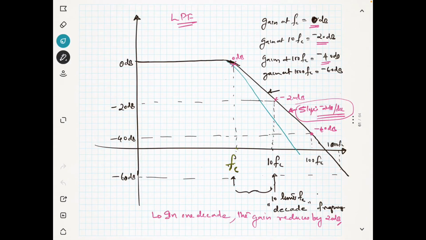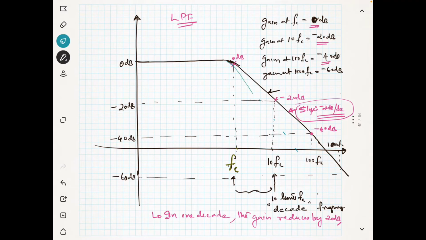Now you can see here that at Fc you have a gain, and at 10 Fc you will get a minus. Okay, my drawing is not correct, I will draw it perfectly.